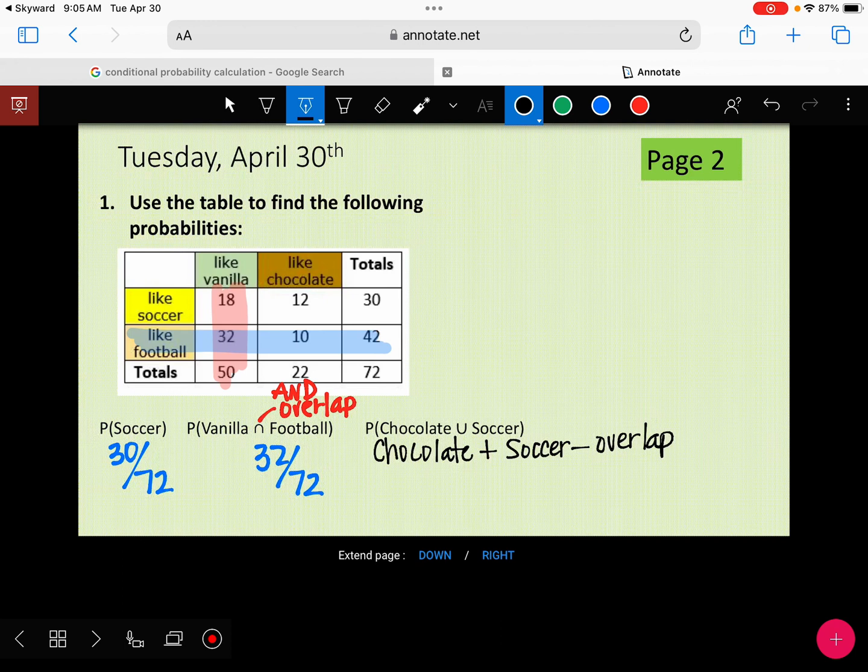King, we're on page 2 in our packet. You see how right here in the corner it says the page number to help you figure out what page to go to? Okay. So how many chocolate, how many soccer, minus the overlap?